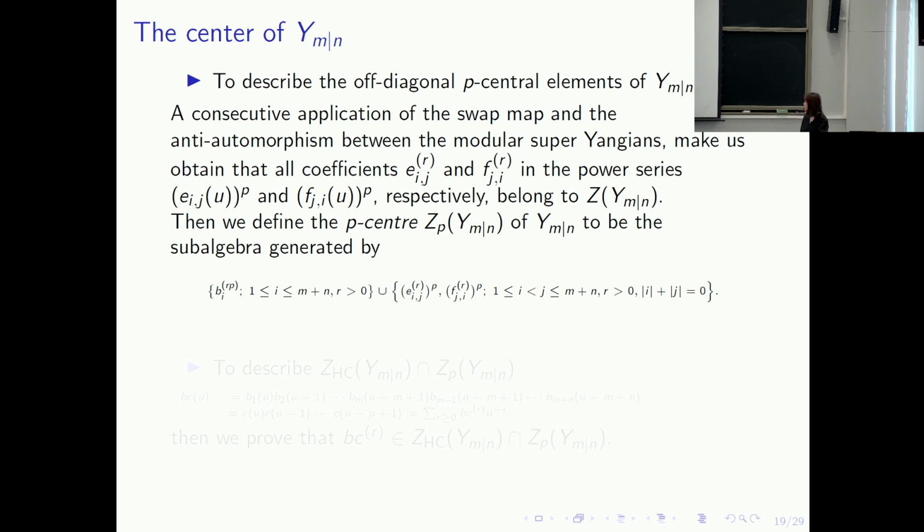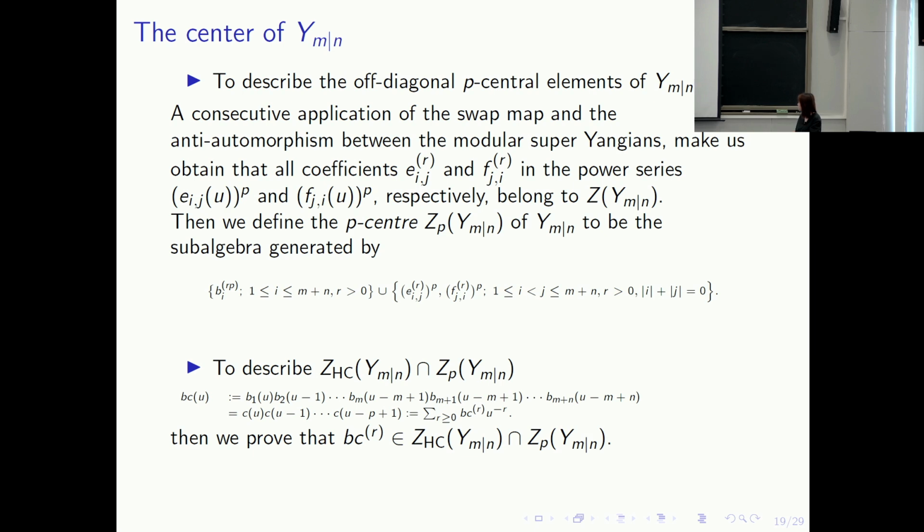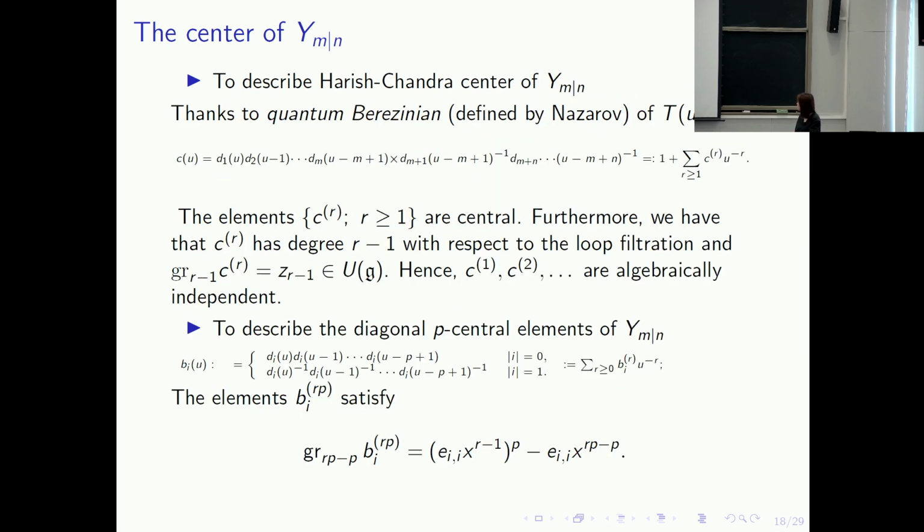Notice that for this diagonal p-central elements, the case of i equals j, and those elements in the Harish-Chandra center also belong to the diagonal.